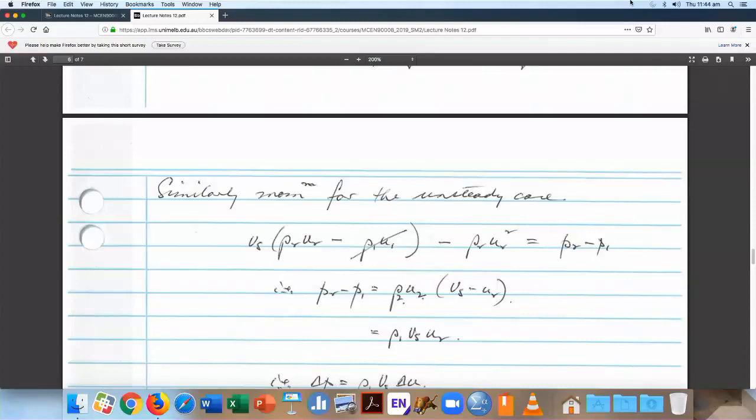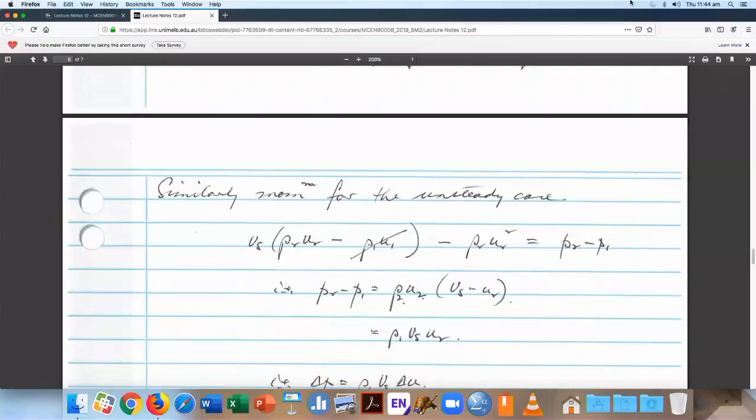And the net flux out, there's no flux of rho 1 U1, and there's only a flux of minus rho 2 U2 squared, because the flux of mass is minus rho 2 u2, and the velocity is in the positive x direction. So we can write that down.